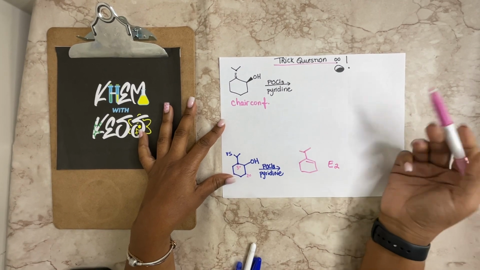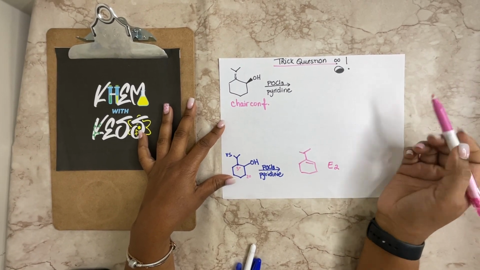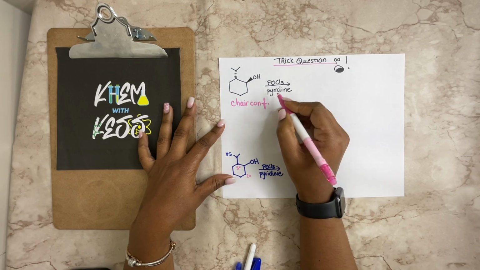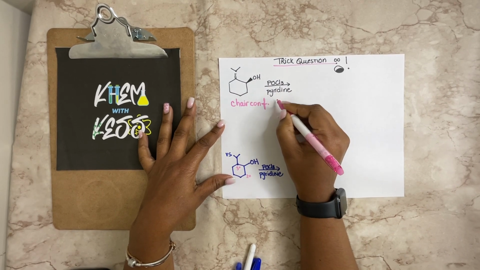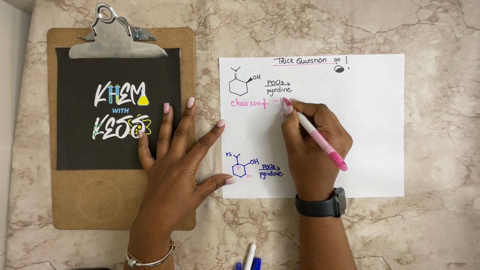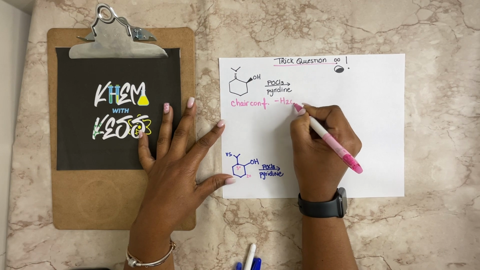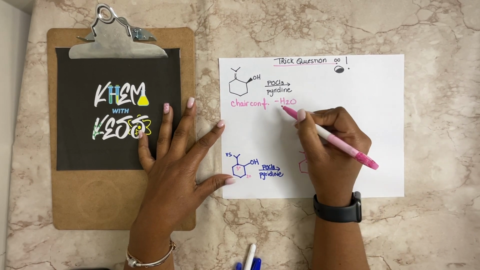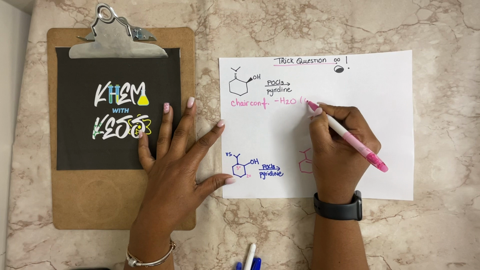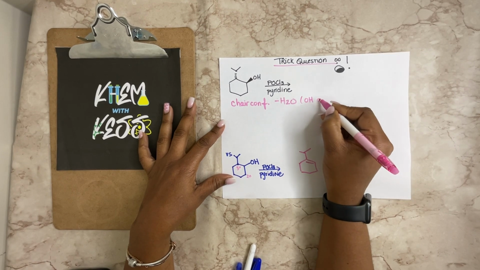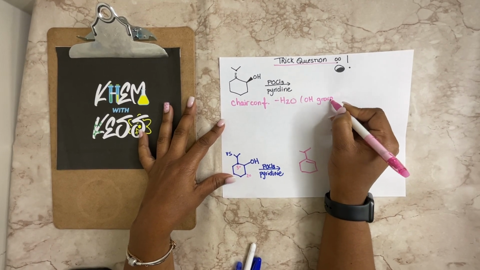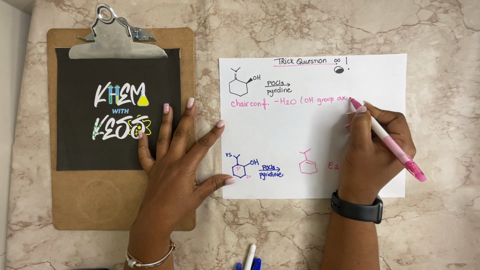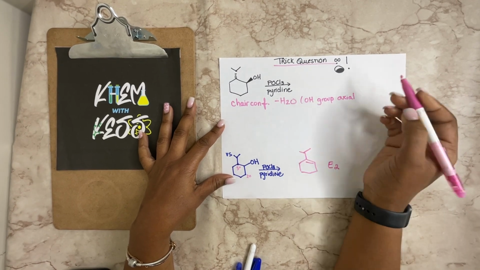So the mechanism is exactly the same, but the rule for chair conformations is that the OH, so you're supposed to be removing water. No matter what, you're removing water in the mechanism. When you remove water, you want to make sure that the OH group is in the axial position, and so is that hydrogen.